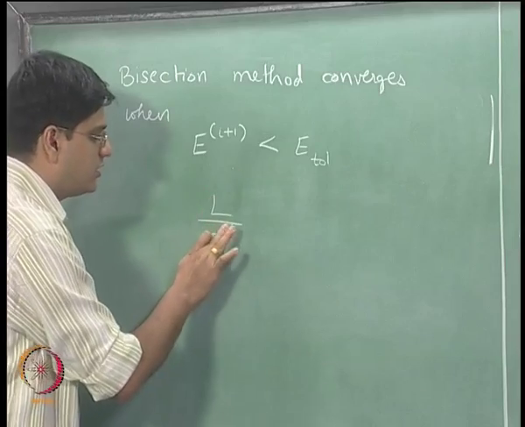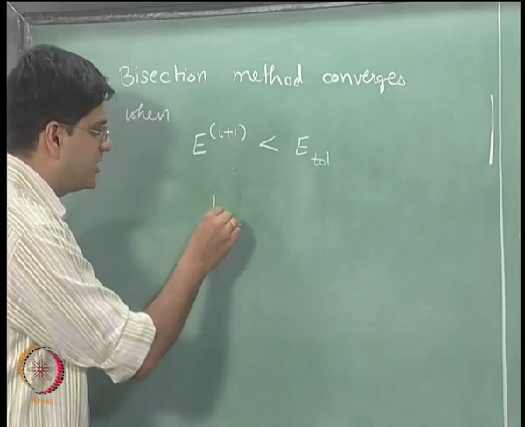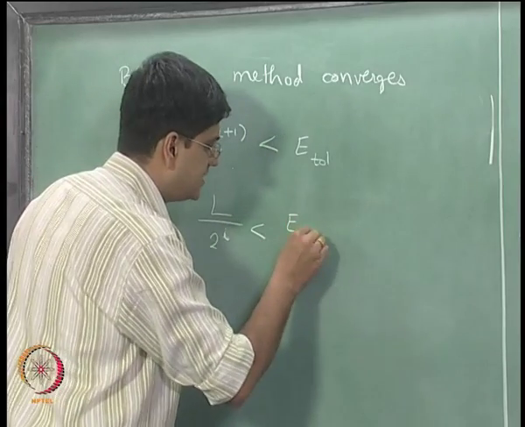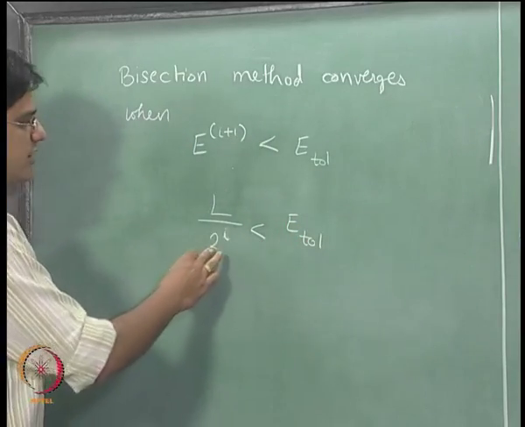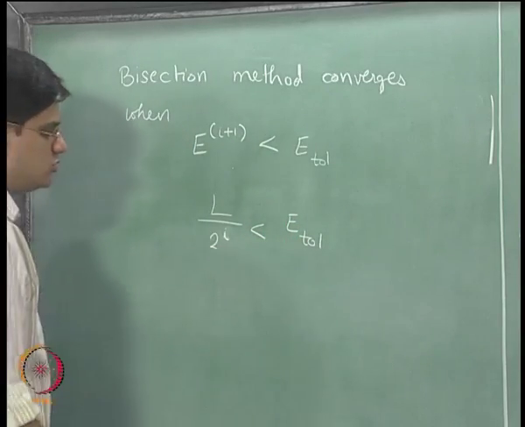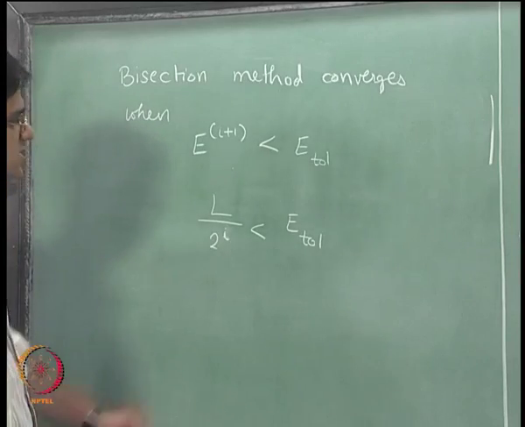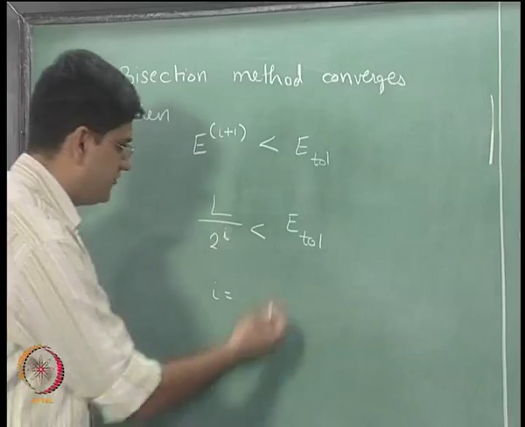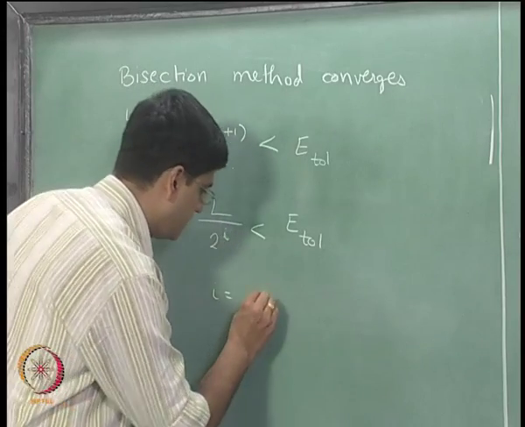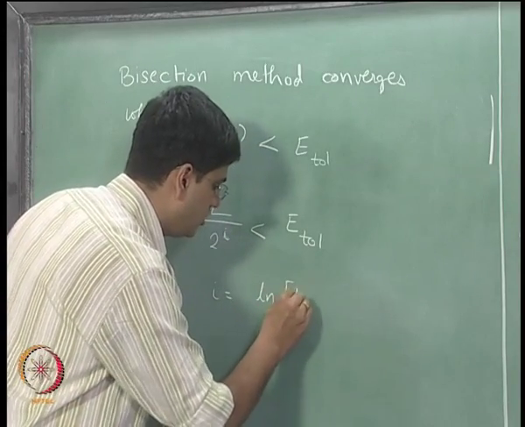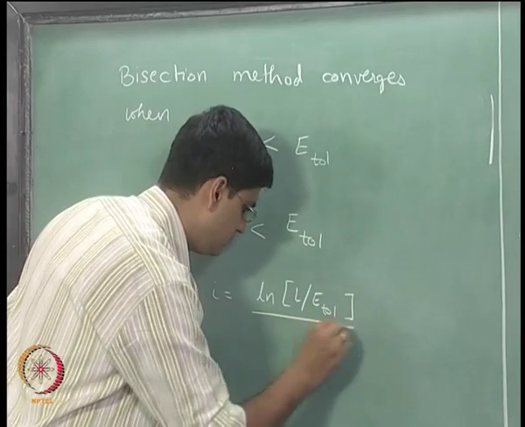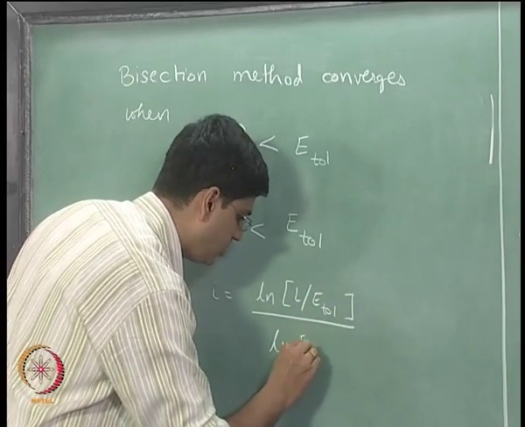So our E_{i+1} is nothing but L divided by 2 to the power i, so that is going to be less than E tolerance. Okay, and we take our 2 to the power i on the other side, divide by E tolerance and take a logarithm, and we will get i equal to log of L divided by E tol, divided by log of 2.